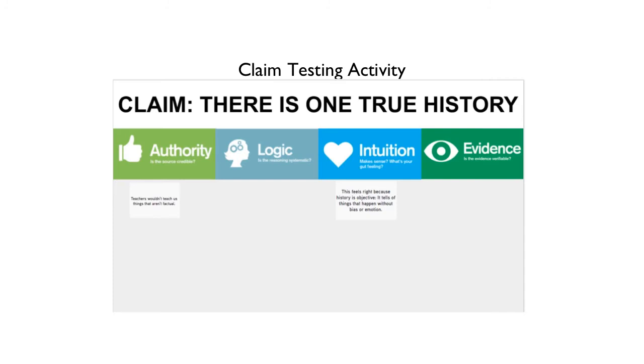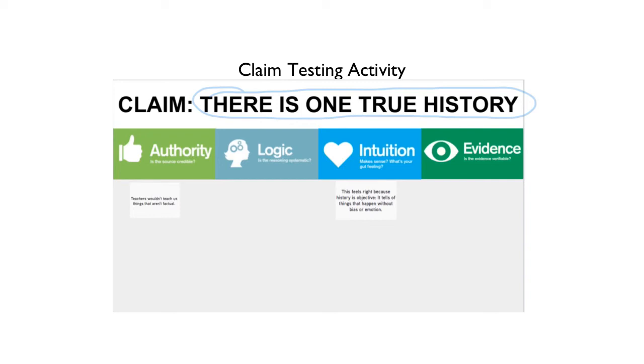Now that we've gone over what the claim testers are, when you go into Google Classroom and complete the assignment for today, you're going to see that we have a PowerPoint or a slides deck ready for you. Each of you has your own, and the claim you're going to be testing is the claim that there is one true history, that there is a single narrative or true history that has existed and that does exist.